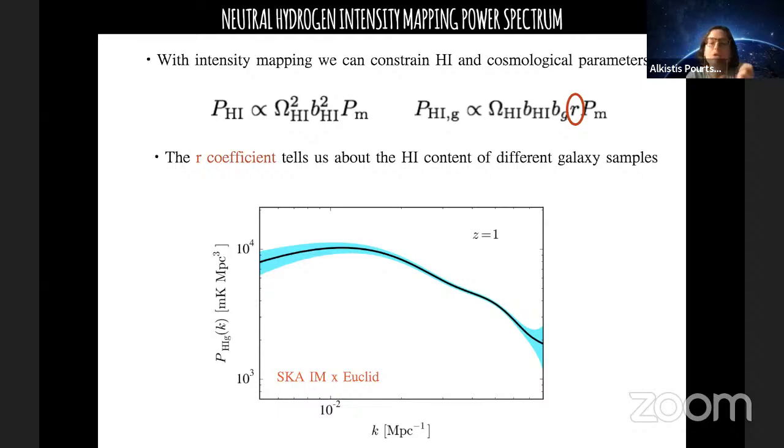So this tells you about the H1 content of different galaxy samples, which is a very unique and clever thing that you can do at high redshift. By high here, I mean redshift 1, redshift 2, etc., by cross-correlating intensity mapping and galaxy surveys.